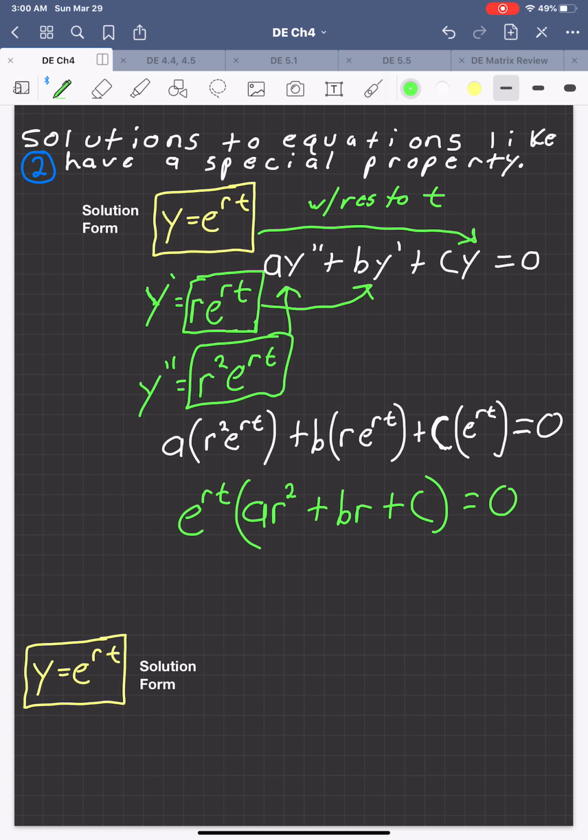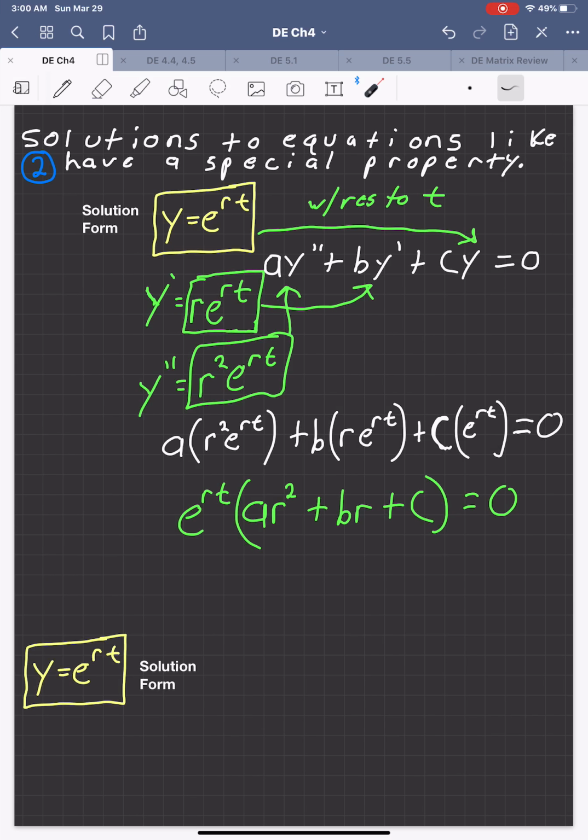And now, let me pose the question to you. Is it possible for e to the power of rt to ever become 0? No. Does that make sense to you? No matter what you choose for r or t, you're not going to get e to the power of rt to ever equal 0.